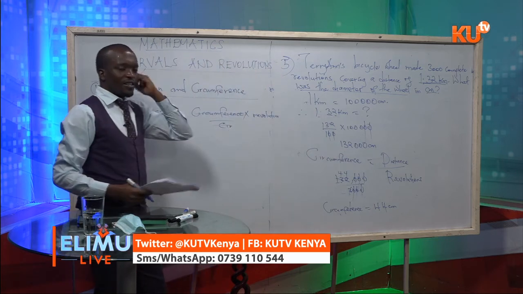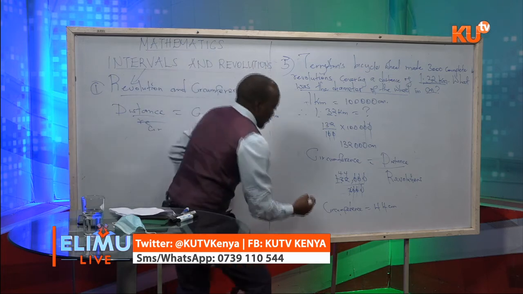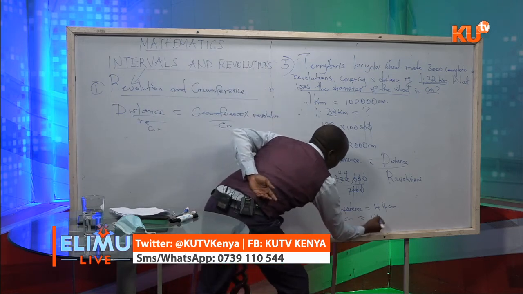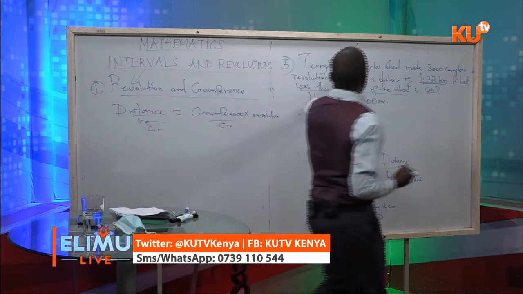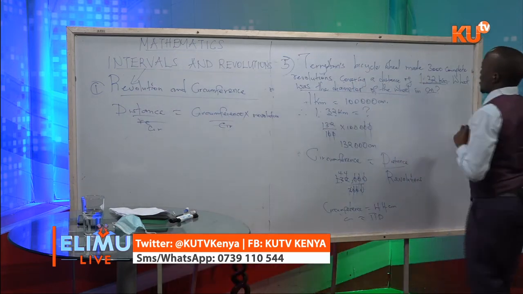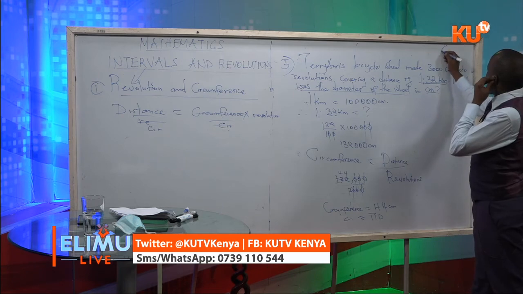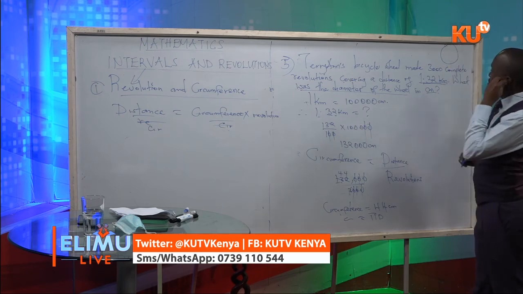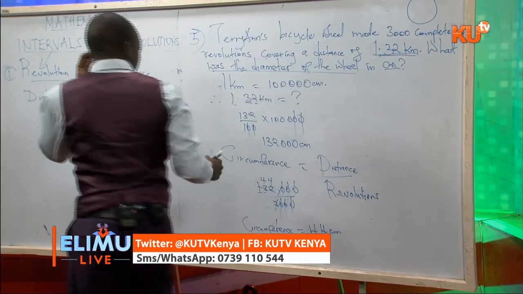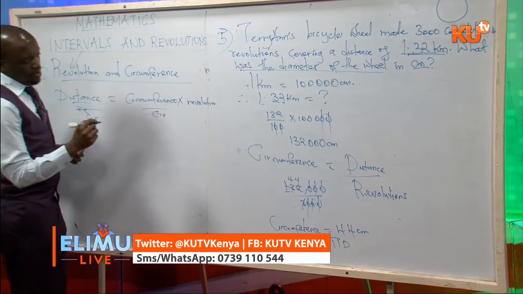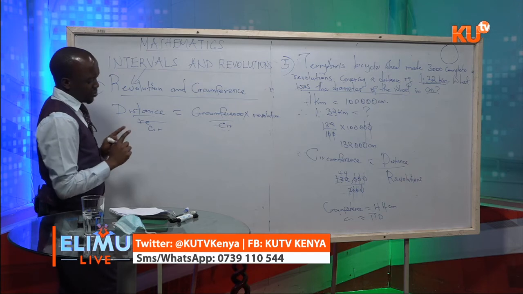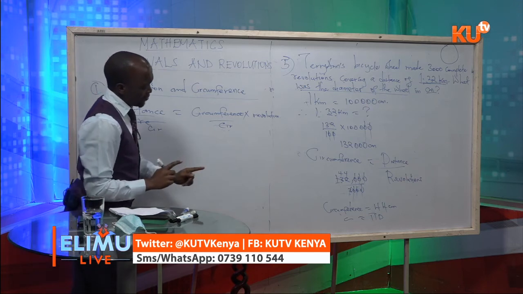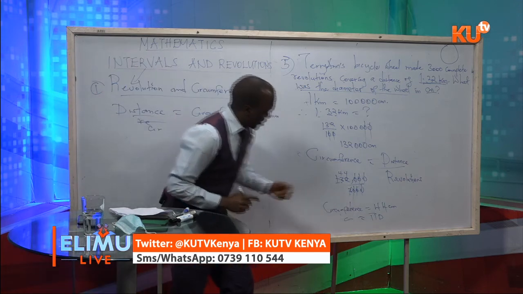Then have at the back of your mind that circumference is equal to pi d. Circumference of a circle, because we are told that Terry Ann's bicycle wheel, a bicycle wheel must be circular. We found that this wheel has a circumference of 44. To get the diameter from there, we apply the formula the way I've said, right?